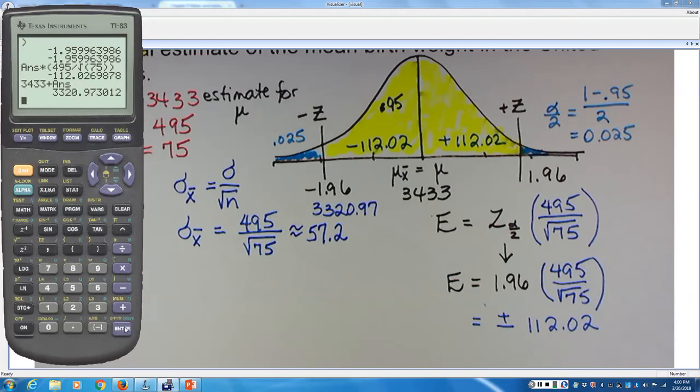And then if I do the same thing, I get 3545.03.